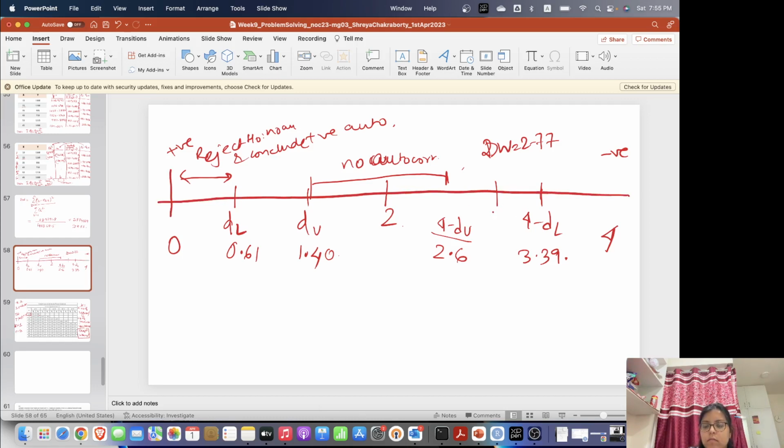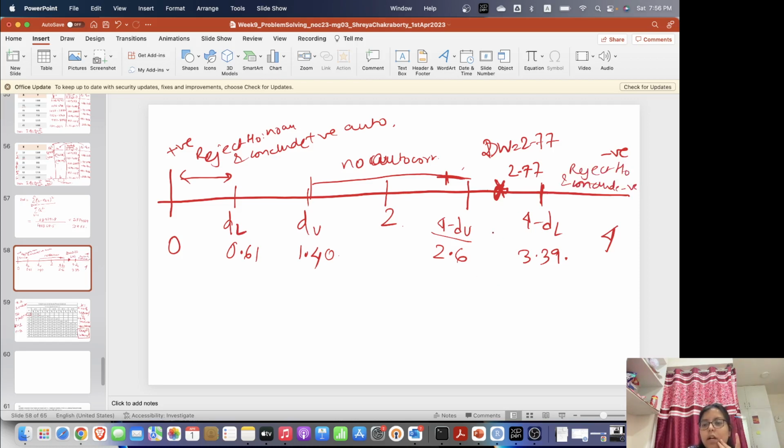And here, if it falls in this range, then we would reject H naught and conclude negative autocorrelation.